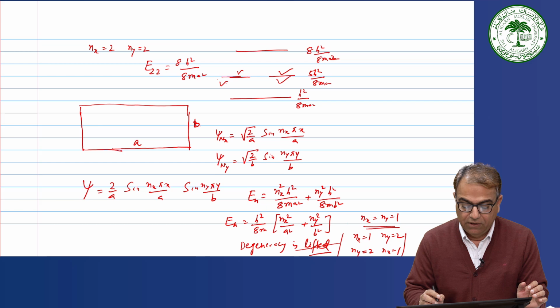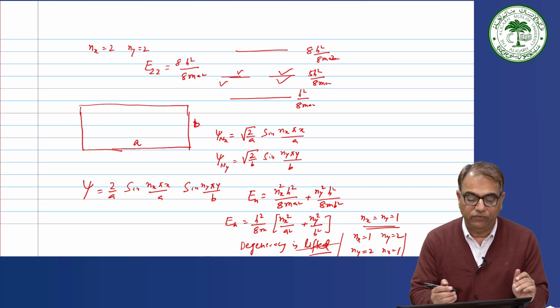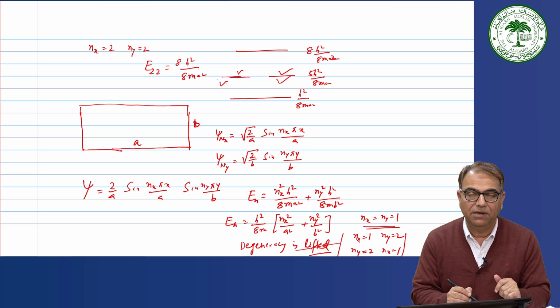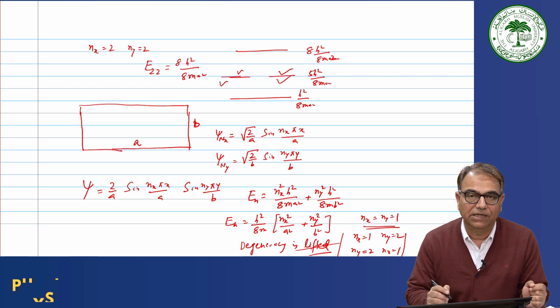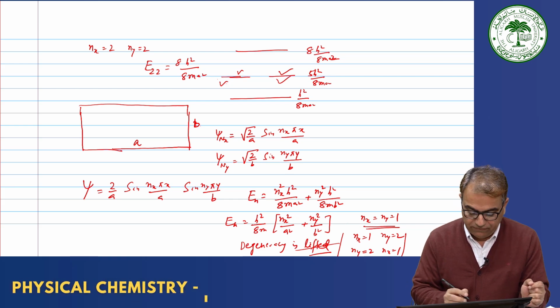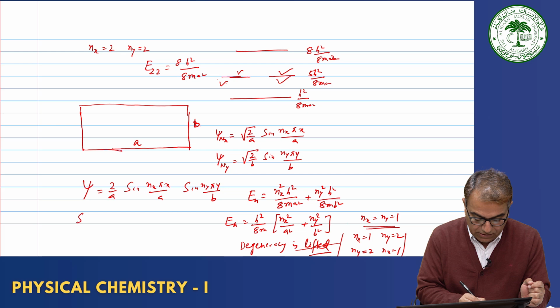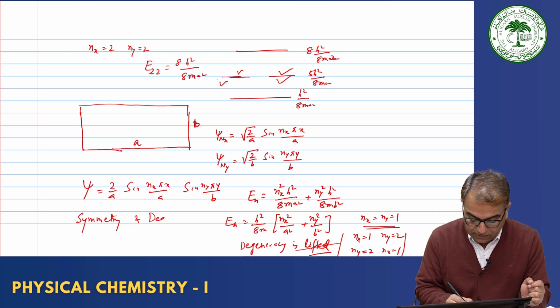So, what does it mean? From a symmetrical system you went to an unsymmetrical system and the degeneracy is lifted. So, we can say that symmetry and degeneracy are very closely related.